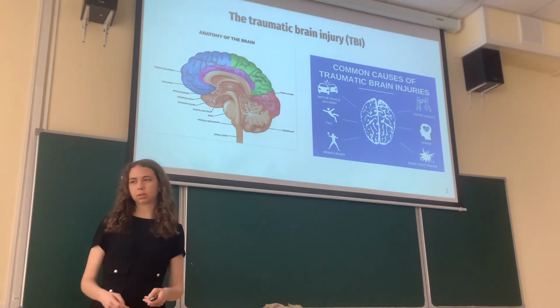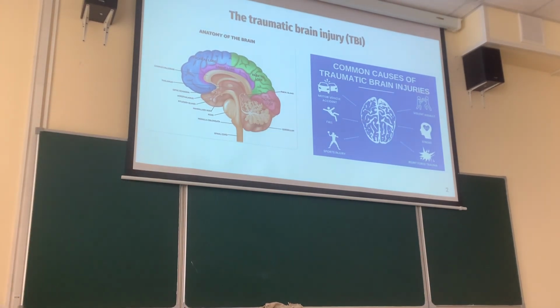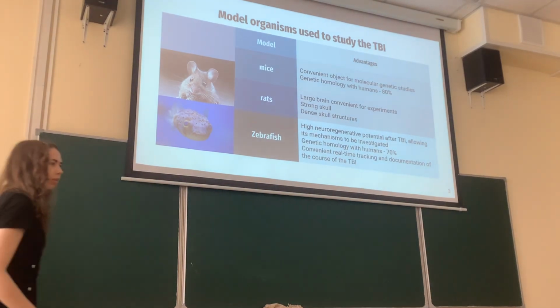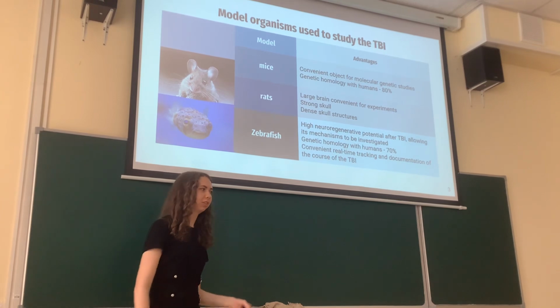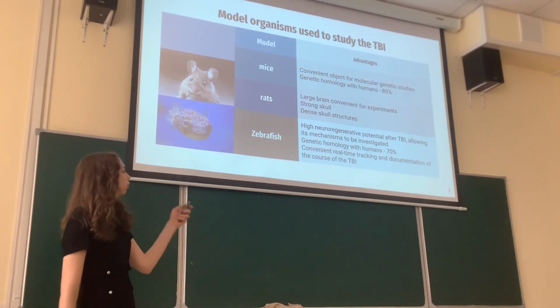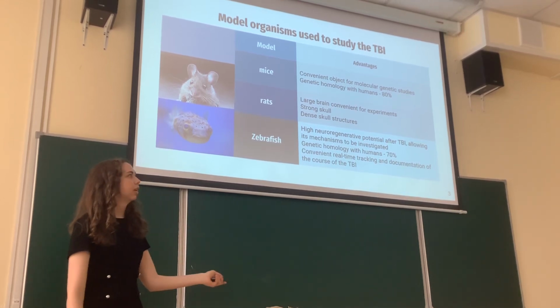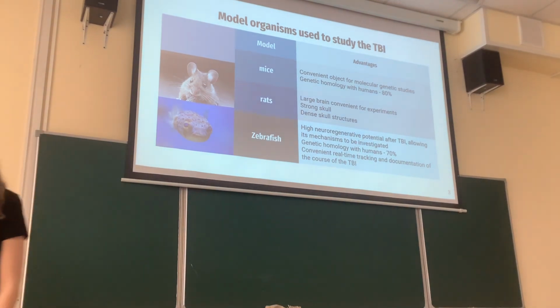So we need to know more about TBI, and apparently we can't use humans to study traumatic brain injury, so we use model organisms, and here are the most important ones. In my study I used the zebrafish.